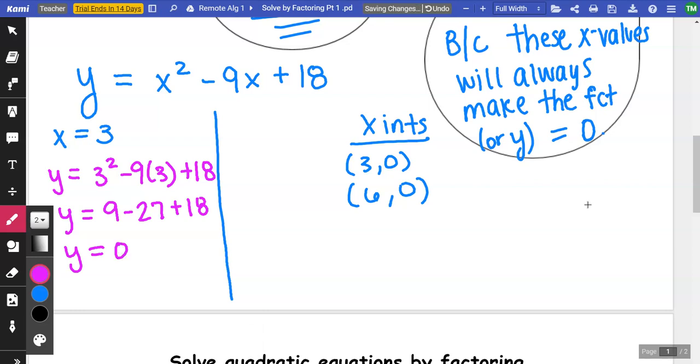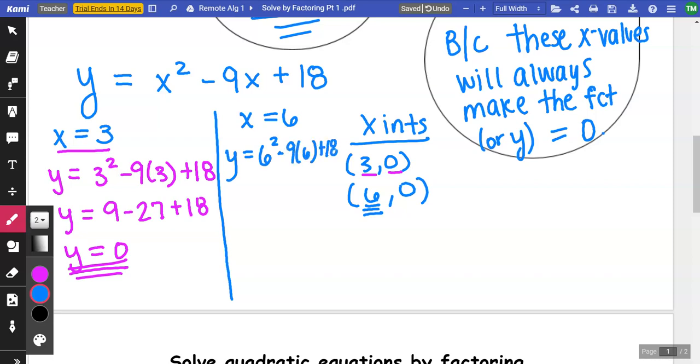Hey, check it out. We got, when x is 3, what is y? 0, which makes sense, right? Because that point was 3, 0. The point has an x value of 3, a y value of 0. Now let's try the other x value from the second x-intercept. X equals 6. So when I plug this into my equation, y is equal to 6 squared minus 9 times 6 plus 18.